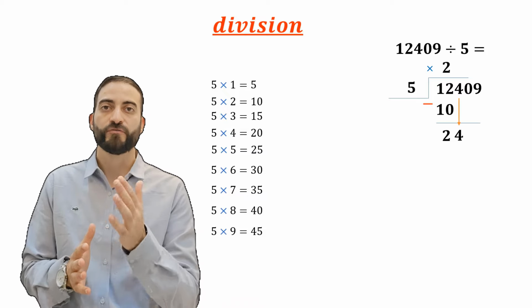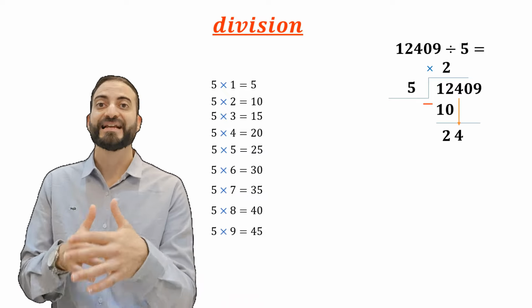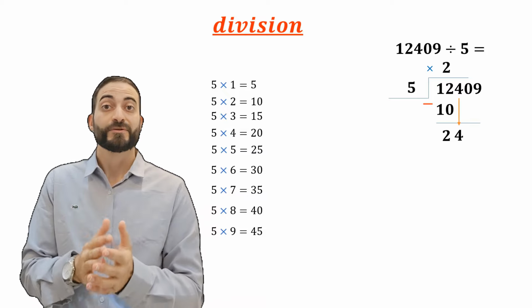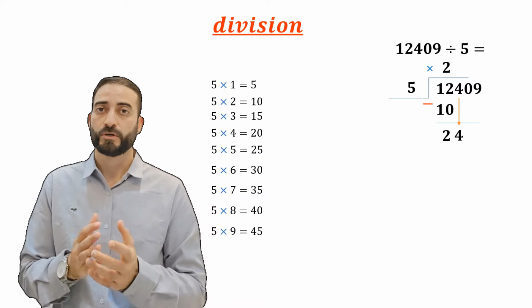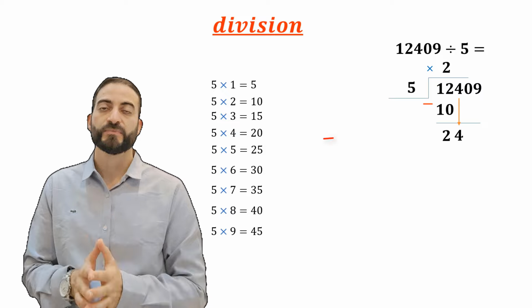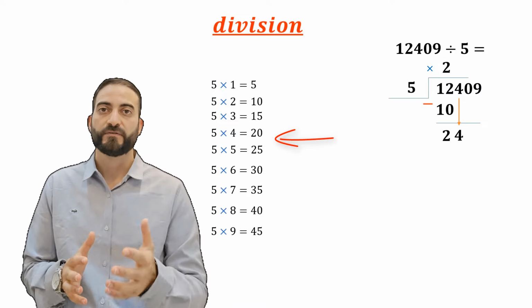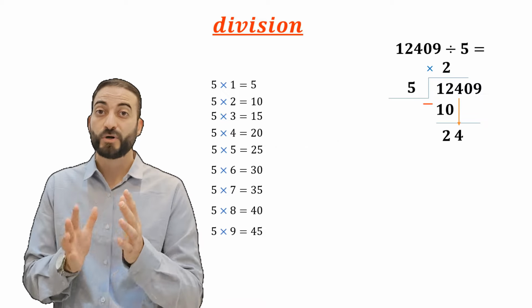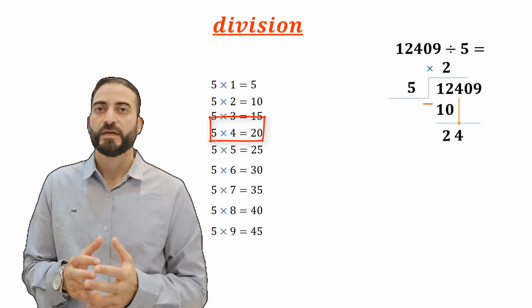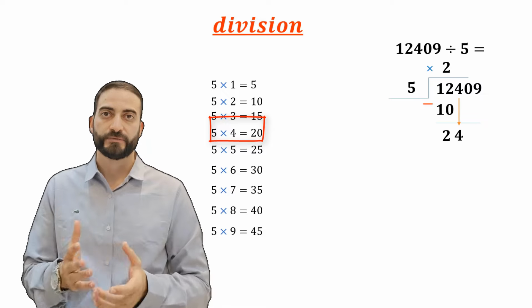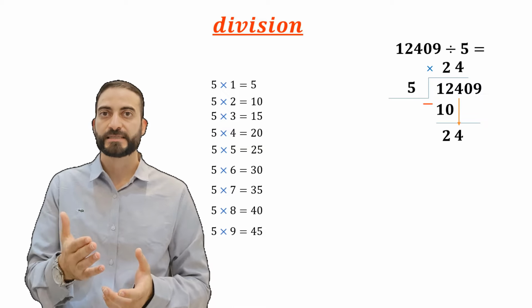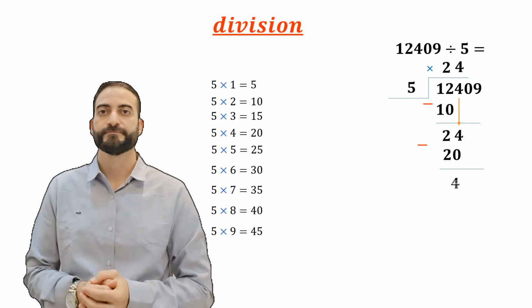So we have 24. Because 24 is greater than the divisor, we can complete the process. We look for 24 here in the multiplication table, and we find that 24 is here. We take the smaller one, which is 5 times 4 equal 20, and complete the process in this way.